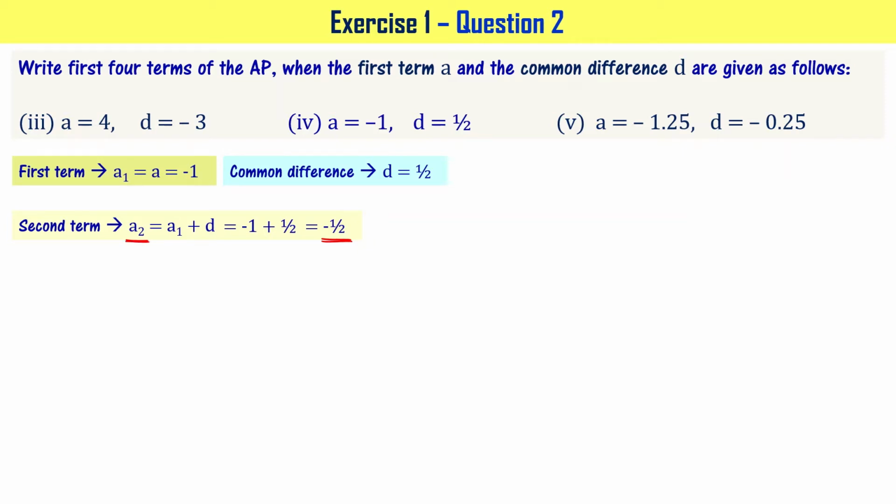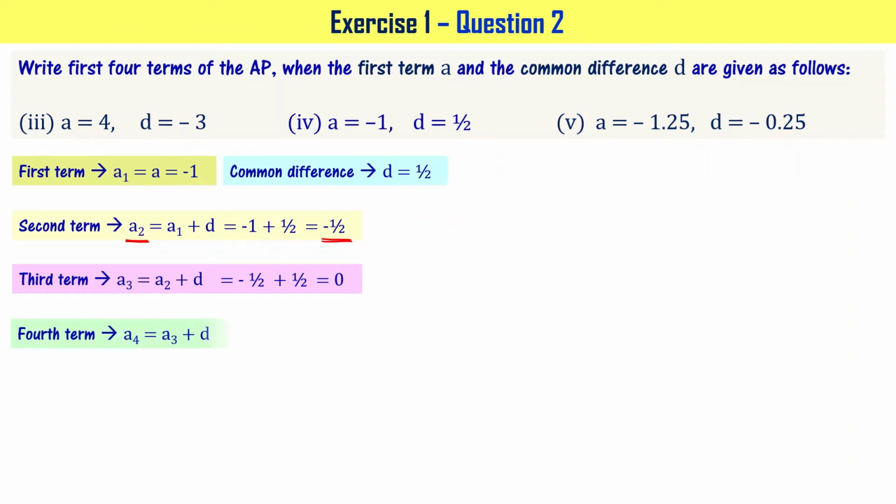Now the third term we can write as A3 equal to A2 plus D, that is minus half plus half, that is equal to 0. Right? The fourth term is going to be A4 equal to A3 plus D, that is 0 plus half, that is equal to half. Right? Now let's write the first 4 terms of this arithmetic progression as minus 1, minus half, 0 and half. Right? Now let's look at the last part of the problem.